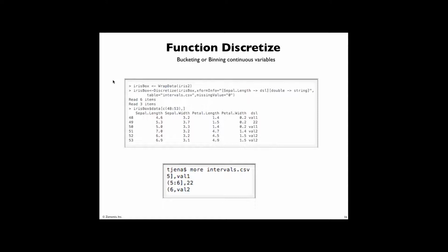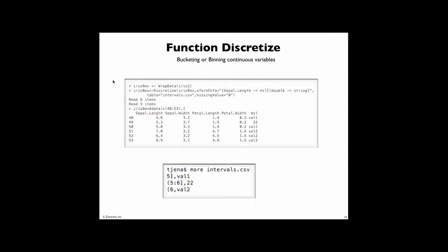And 5 with square brackets means a closed endpoint 5. So if the value is between negative infinity and less than or equal to 5, we want DSL to be given the string value val1. If sepal.length is greater than 5, or less than or equal to 6, that's the second line, we want DSL to be given the string value val2, and so on.